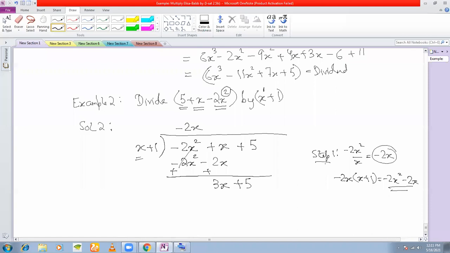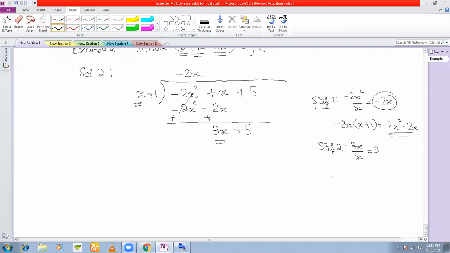Now, in the second step, you take this 3x and you take this x. You divide them to get 3 only, plus 3. Now this plus 3 you multiply by the divisor to get 3x plus 3. So this plus 3 here you'll write on top, and after multiplication you will write this here, that is 3x plus 3.